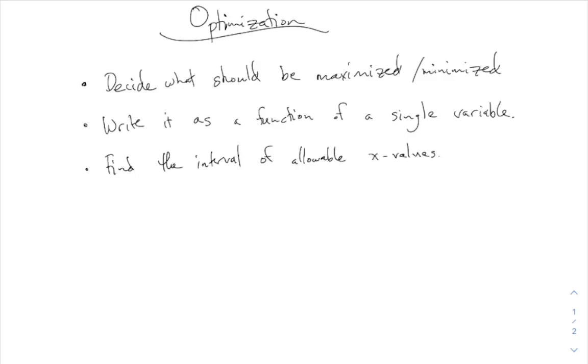And then the final step is to actually do the calculus of finding the absolute maximum or the absolute minimum, whatever it is. Remember, that requires a function and an interval. So you need to have done the previous two steps, which are just trying to set you up for that last step. Do the absolute maximum or minimum with the derivatives and all that.